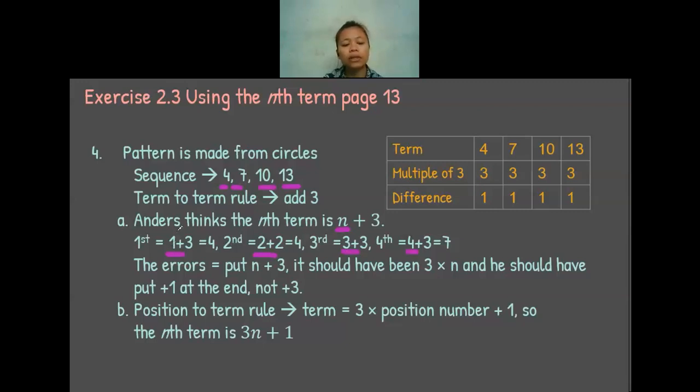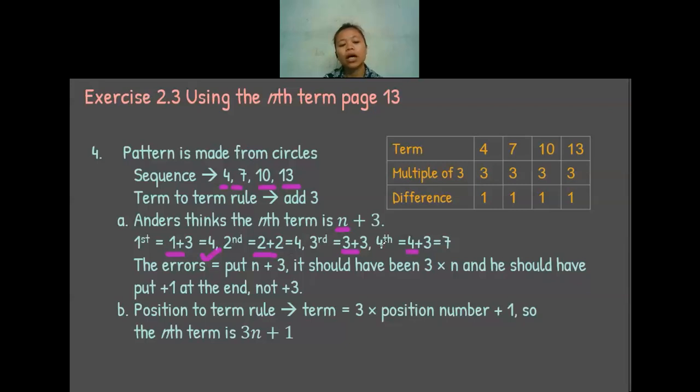So for the first term, 1 plus 3 is also correct. It equals 4 for the first term. But when it comes to the second term, using Anders' n-th term, I get 5. But the diagram shows that the second pattern has 7 gray squares.